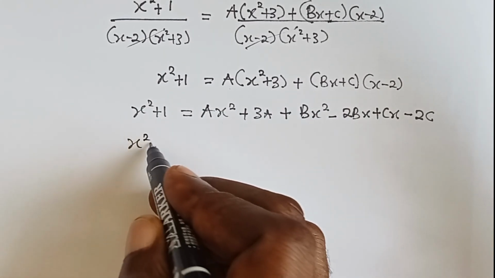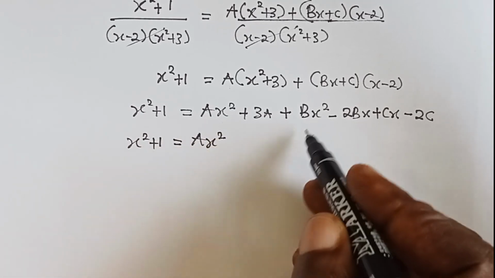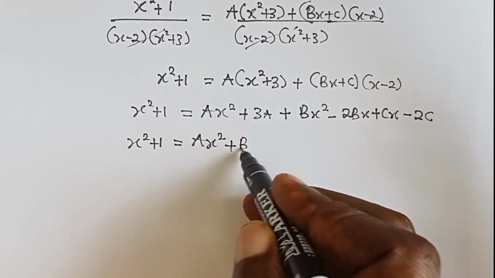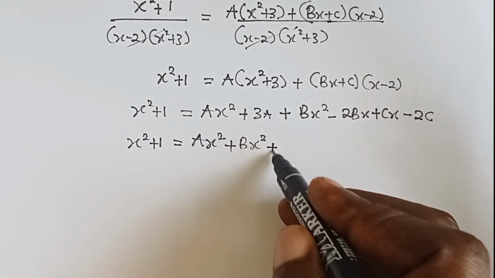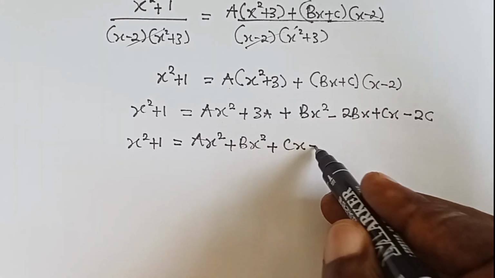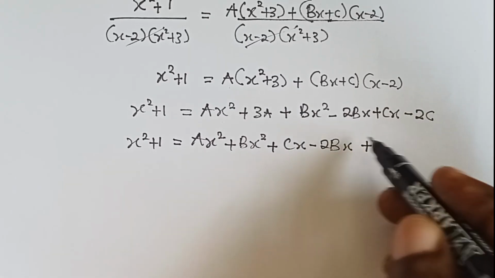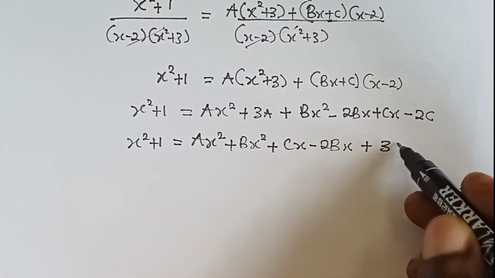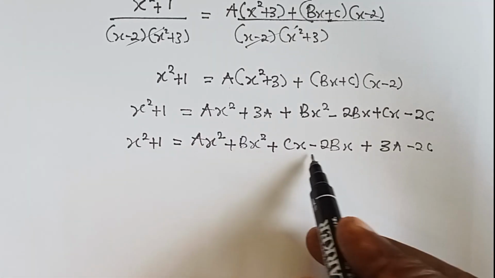So we have x squared plus 1 equals to, we have ax squared, then we have bx squared, put them together. Then we have plus cx, and we have minus 2bx. They are like terms because they have x, and we put 3a and minus 2c together. All right, so these have x squared.